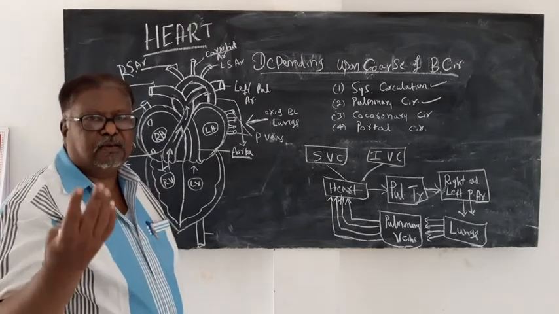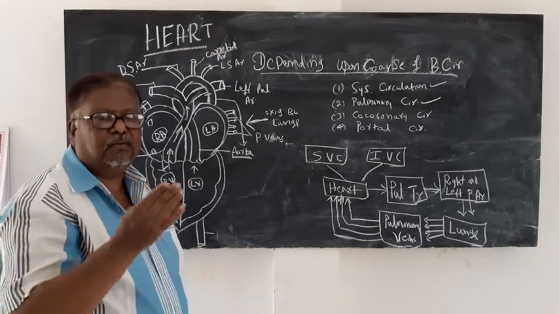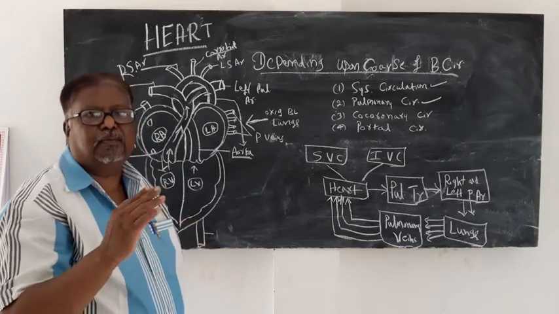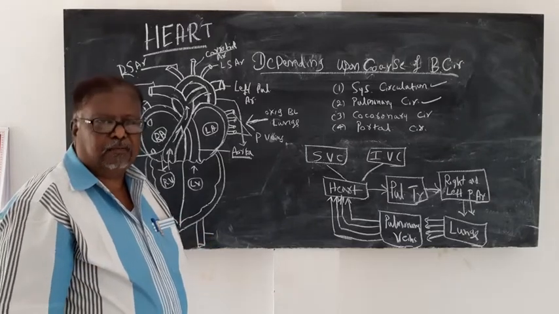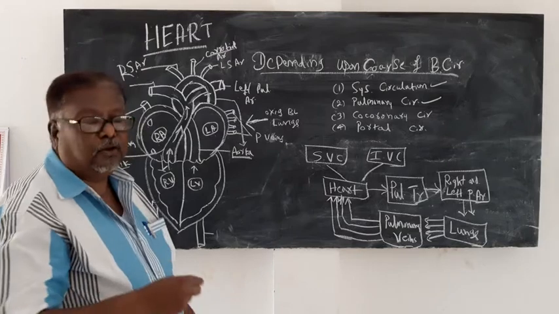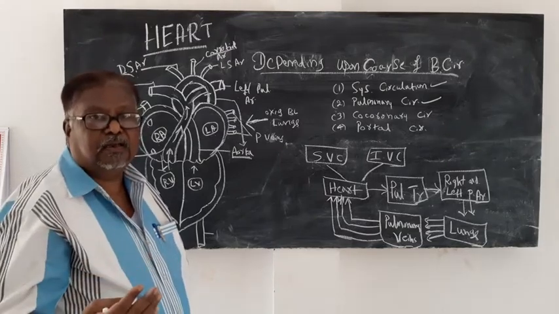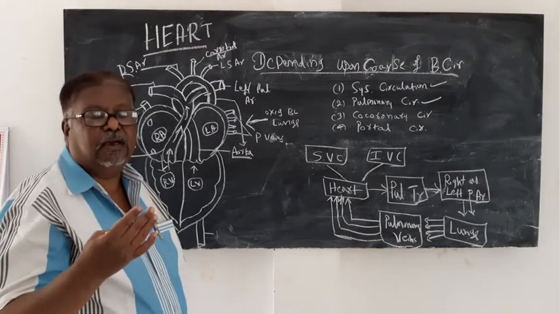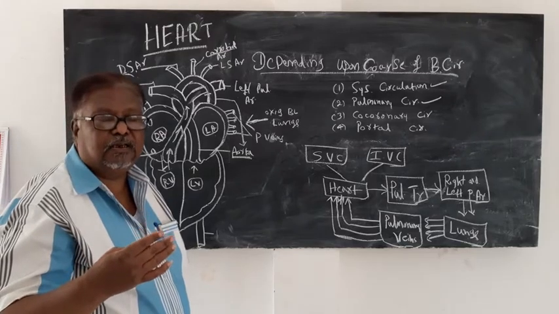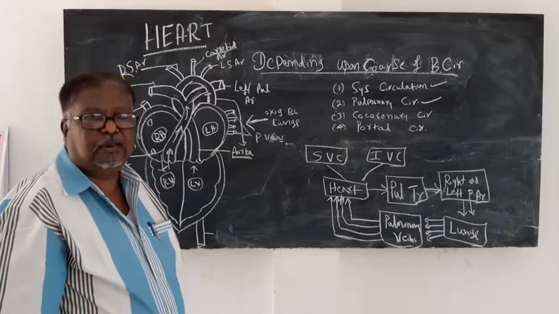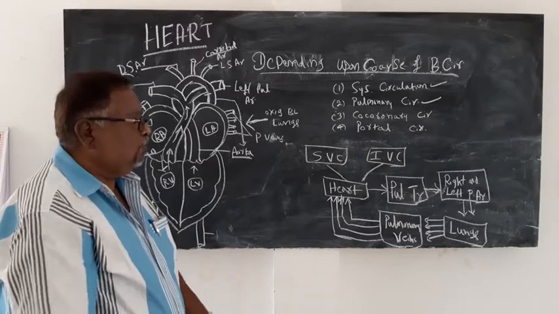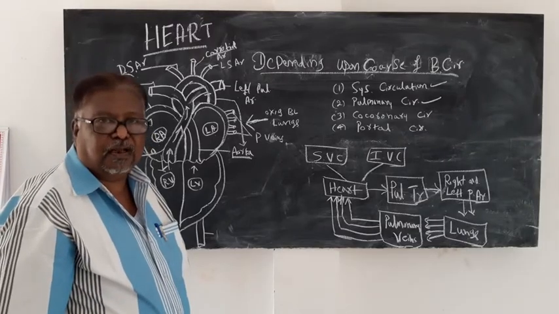The oxygen is given out in the blood. The carbon dioxide is absorbed in the blood, and the carbon dioxide is expelled out during expiration. So here the purification takes place in the lungs.